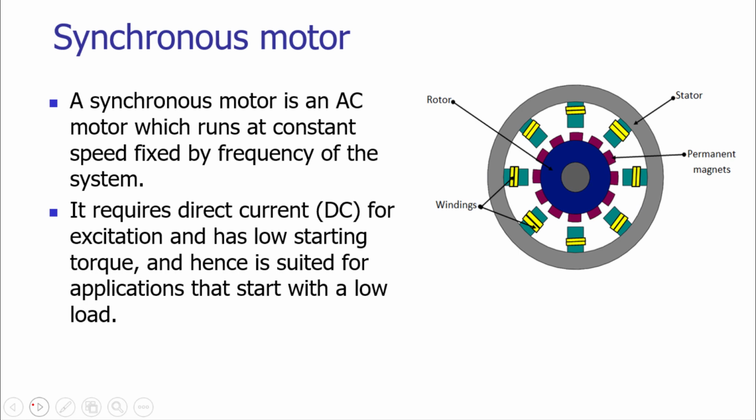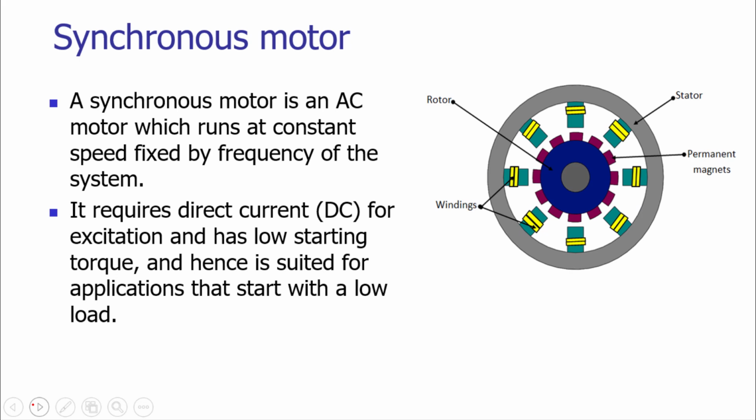Now let us look at the first variant of the alternating current motor. This is the synchronous motor. The synchronous motor runs at a constant speed which is fixed by the frequency of the system.